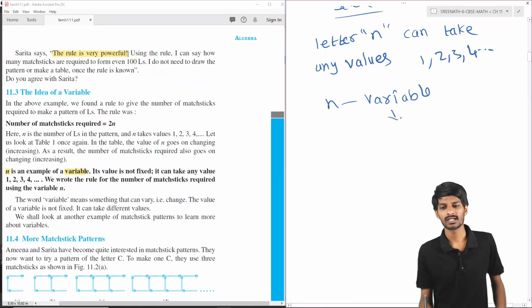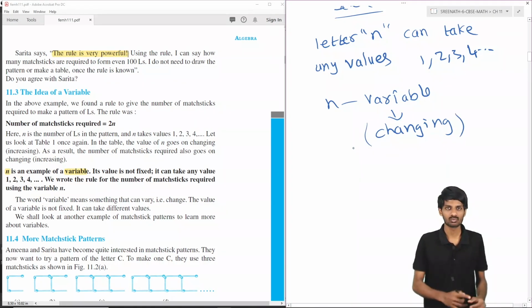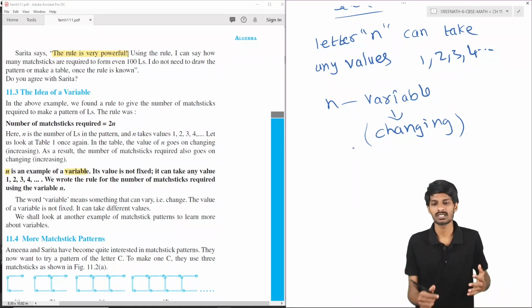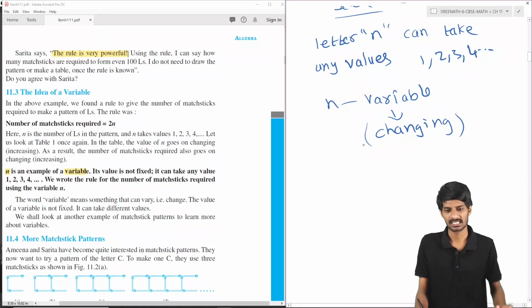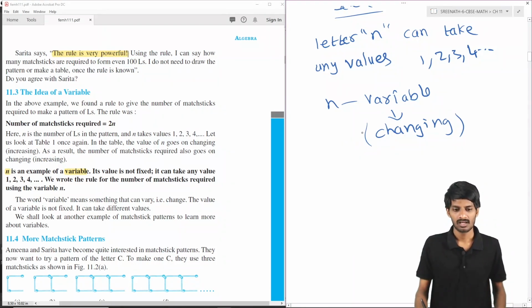Variable means what, students? One whose value is changing, whose value is not fixed. If the value is fixed, we say that it is a constant. But if the value changes, we call that a variable. Its value is not fixed. It can have any values. We call that a variable, students. So a variable is represented by a letter.